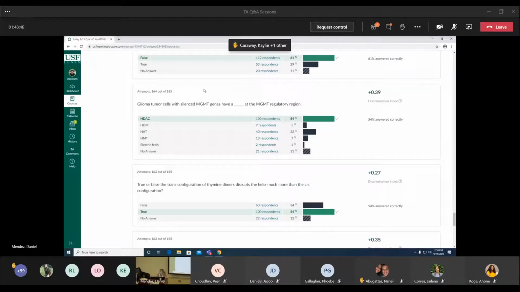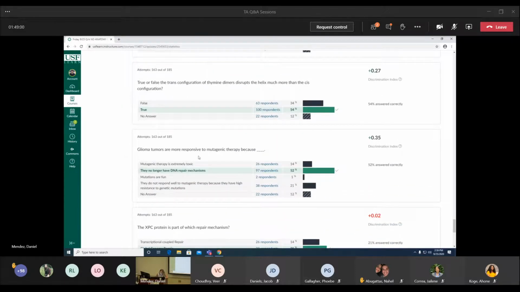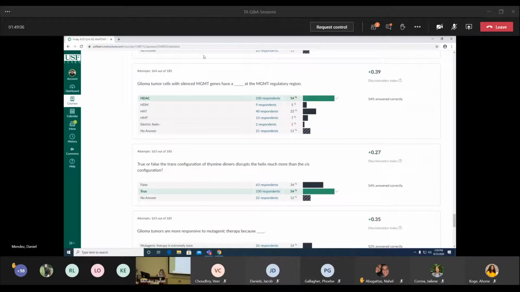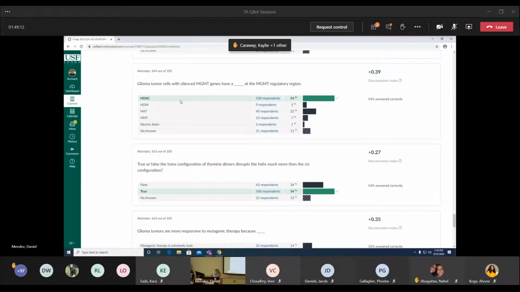So the cell's like, yes, I'm going to become a cancer cell, I'm silencing these genes, this is more fun for me. That's why we have an HDAC at those MGMT genes to keep them silenced. But we can exploit that and induce mutagenic therapy, and then they can't repair their DNA anymore because we silence this MGMT gene. Does that answer your question?